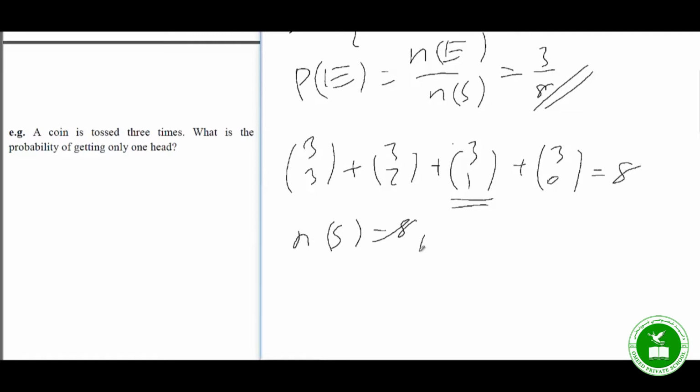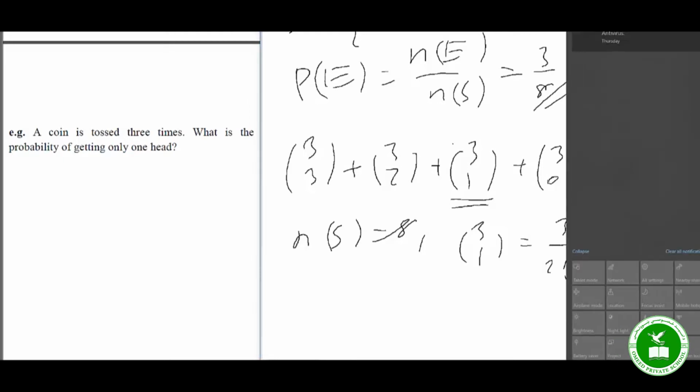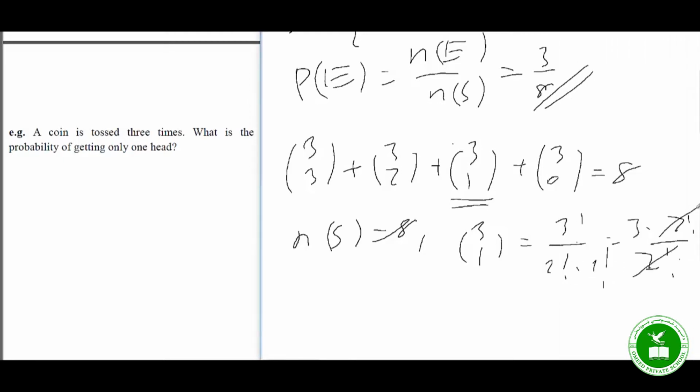But the number of event asks us for only one of them. It means from 3 different tosses, we get only one of them as head. So it can be combination of 3 choose 1, which is equal to 3 factorial over 3 minus 1, 2 factorial, times 1 factorial. 3 factorial is 3 times 2 factorial, over 2 factorial times 1. 2 factorial and 2 factorial cancel.